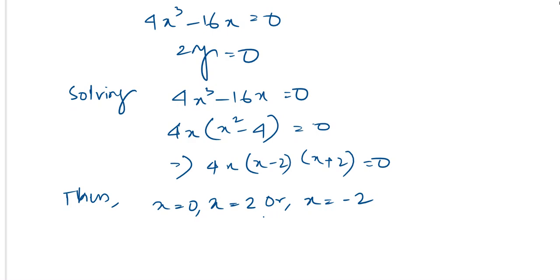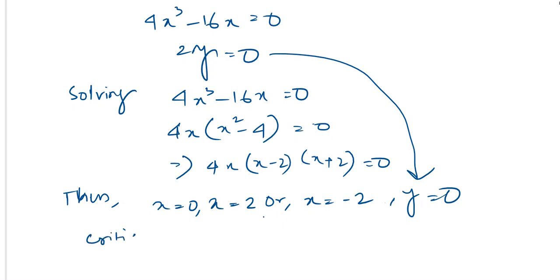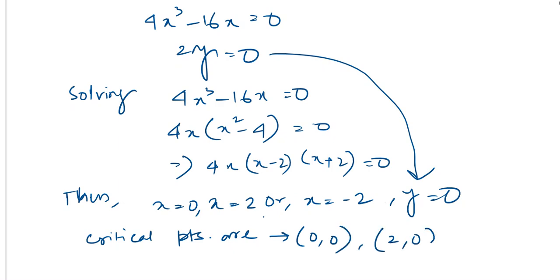From 2y equals 0, we get y equals 0. So the critical points are 0 comma 0, 2 comma 0 and minus 2 comma 0.